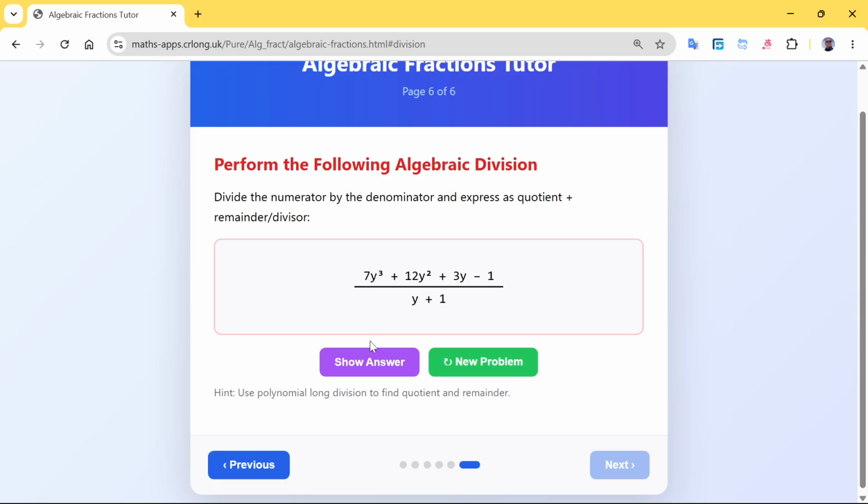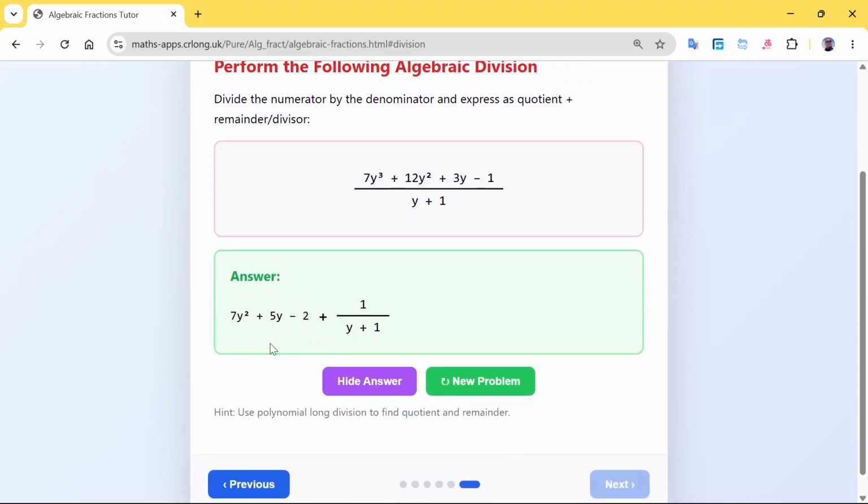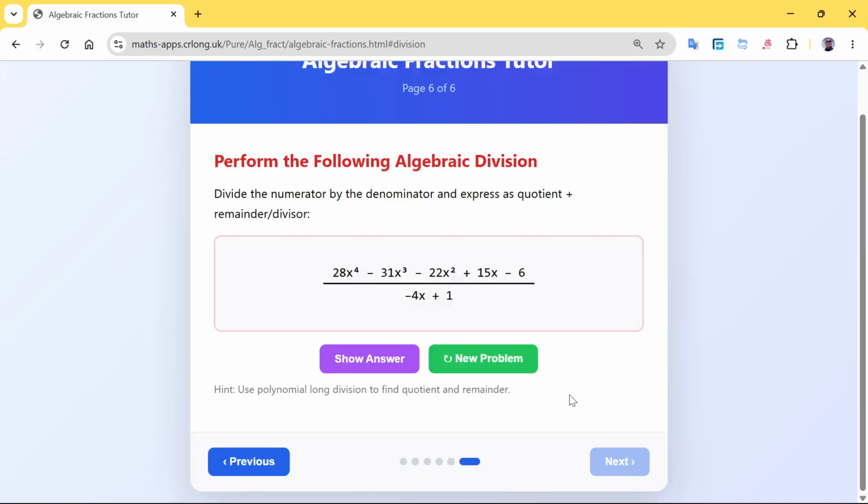So in this case you need to perform the division, and the application says that the answer is this quadratic followed by this number over the original denominator. Notice that the numerator must always be an order of 1 less than the denominator. Again, once you practice that, try it again with a new problem.